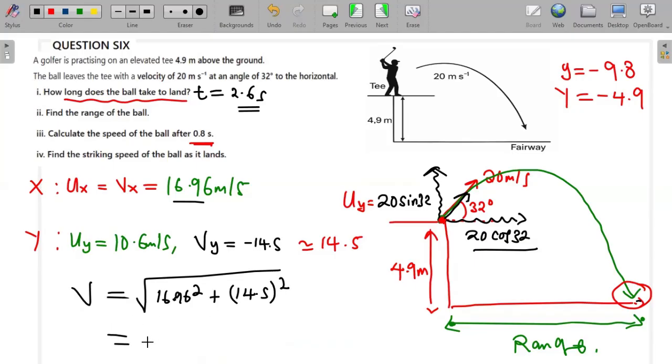What I find there is 22.3 meters per second. So that is my velocity as the ball strikes the ground. Any questions there?